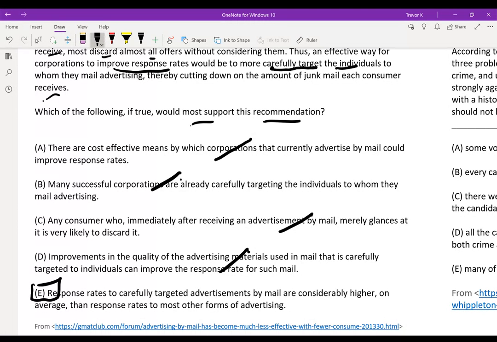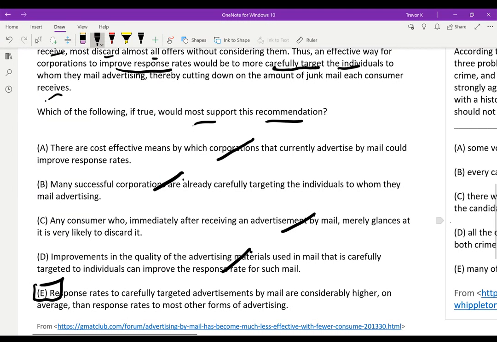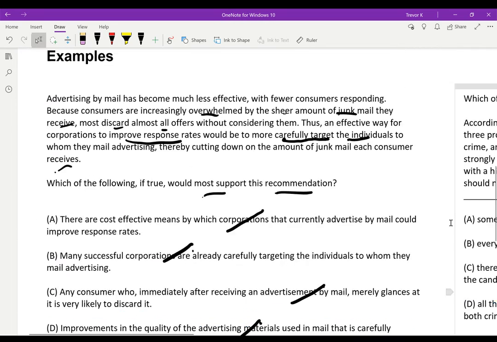So that's generally what I want. I want some sort of support for why I think careful targeting would improve response rates. E says carefully targeted advertisements by mail do have good response rates, at least compared to other forms of advertising.